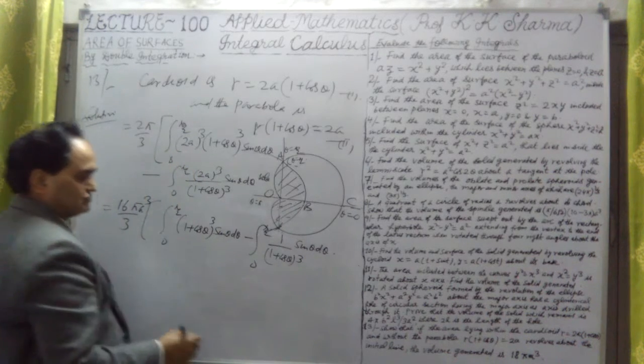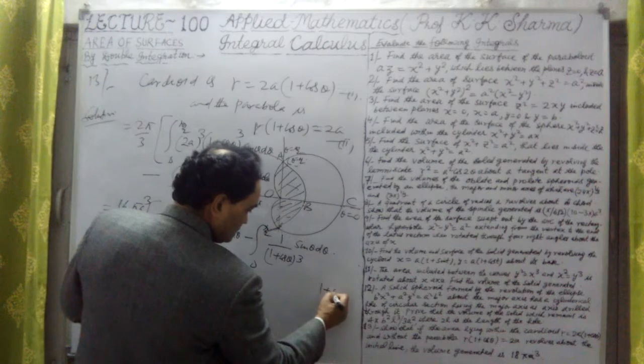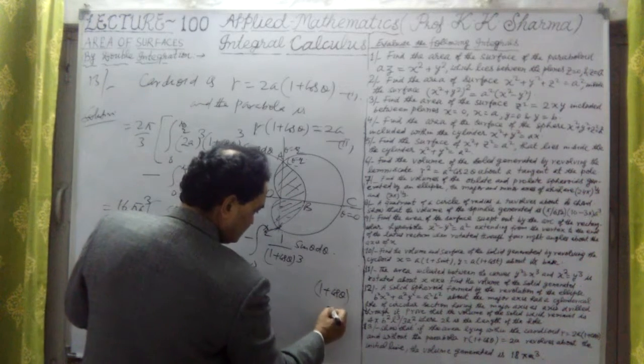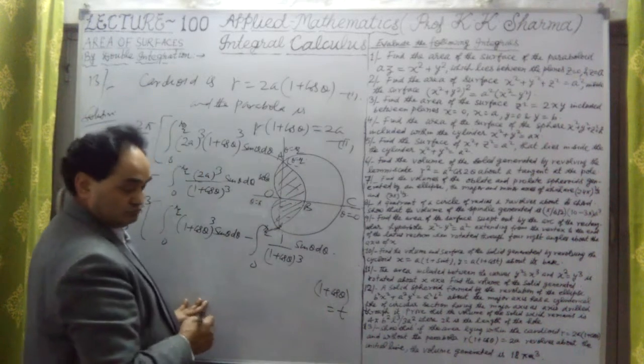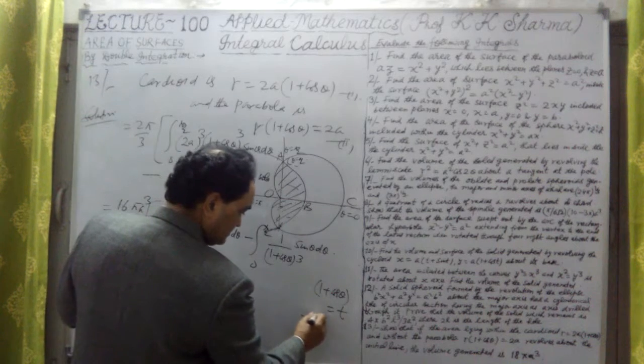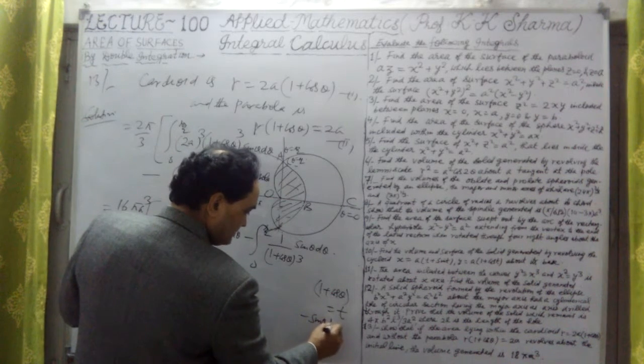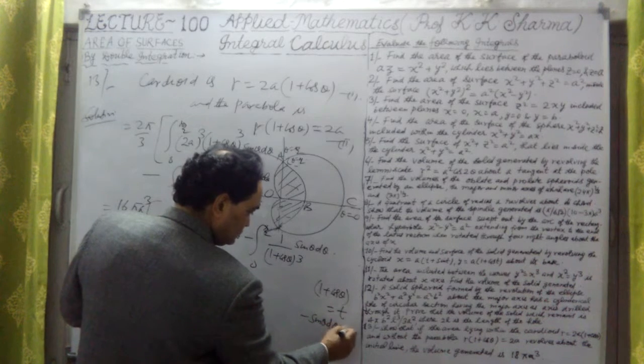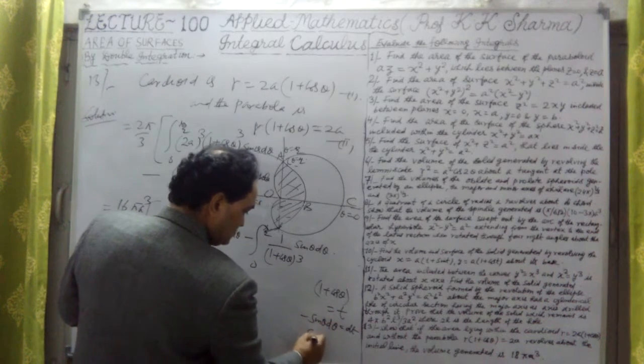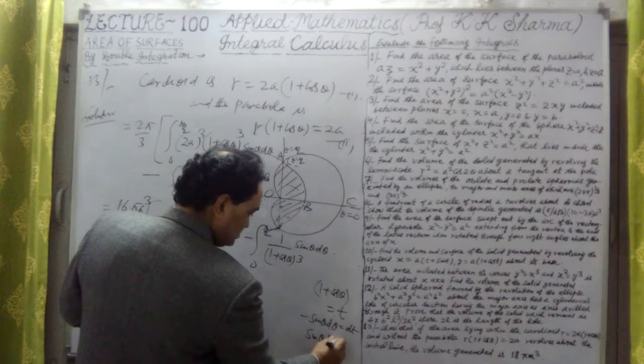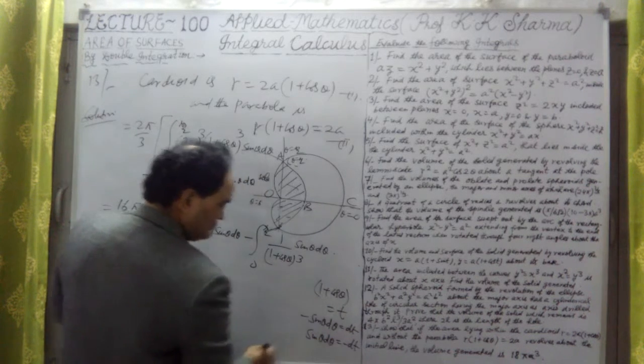Now if I substitute 1 plus cos theta equal to t, what will it give us? It will give us, after differentiation with respect to t, minus sin theta d theta is equal to dt, or sin theta d theta is equal to minus dt. What are the limits here?